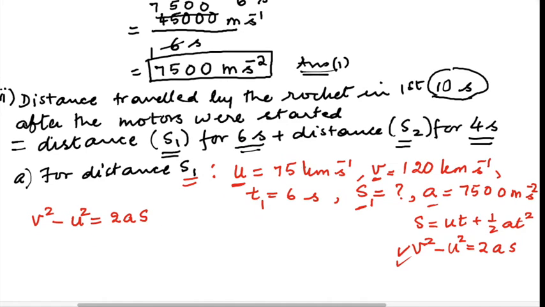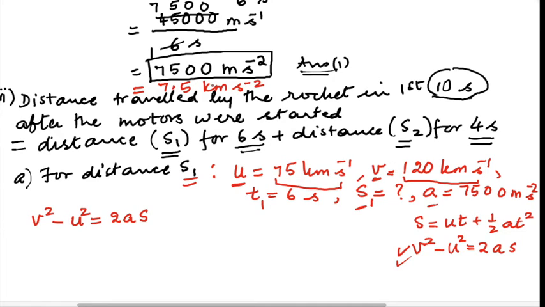Now can you see our initial velocity is kilometer per second, final velocity also is kilometer per second. So this acceleration, we can also write it as not 7500 meter, but we can also write it as 7.5 kilometer per second square.